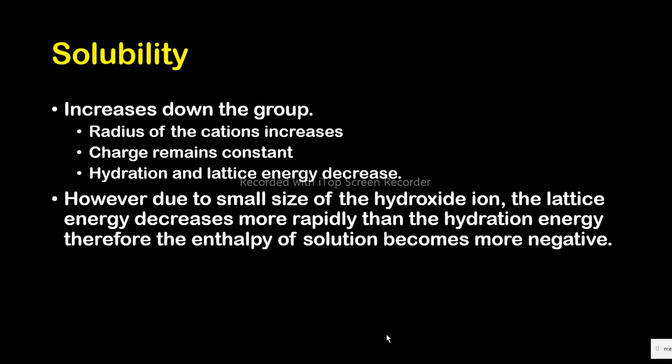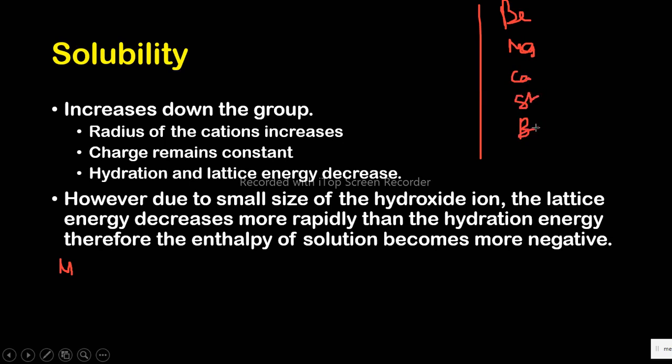Maybe you might not get this the way you want, so it is maybe okay. Let me use the way they are. So you have beryllium, magnesium, calcium, strontium, and barium.